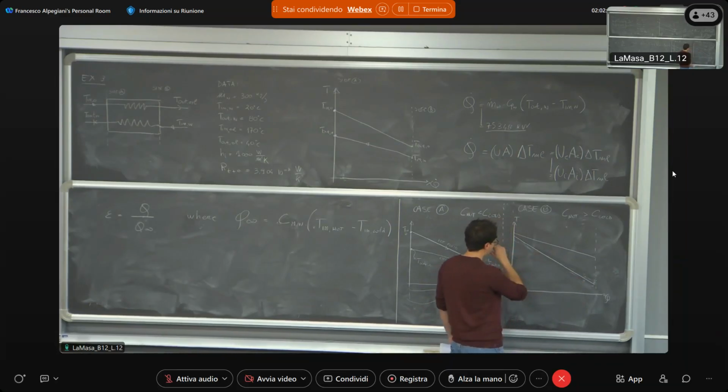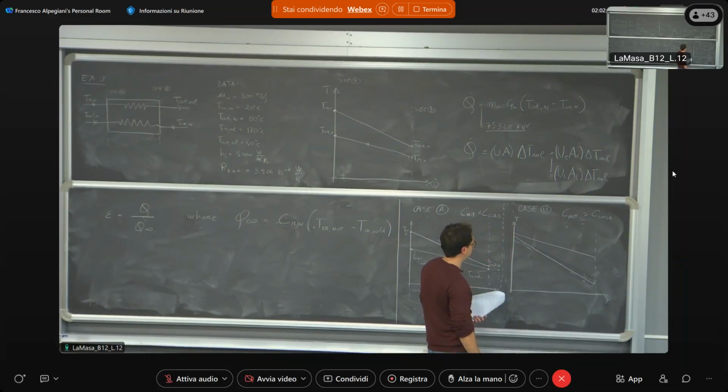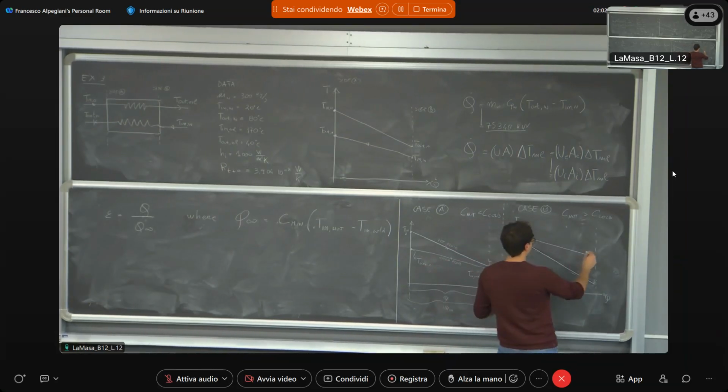So this slope, in this case, is higher for the cold fluid. So this is, once again, the hot fluid, and this is the cold one.